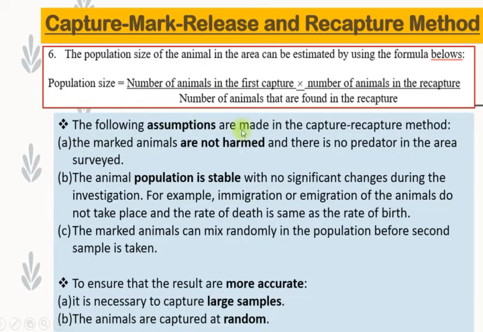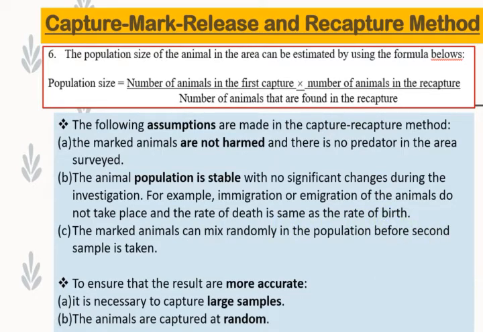The following assumptions are made in the capture-recapture method. A, the marked animals are not harmed and there is no predator in the area surveyed. B, the animal's population is stable with no significant changes during the investigation. For example, immigration or emigration of the animals does not take place and the rate of death is the same as the rate of birth.